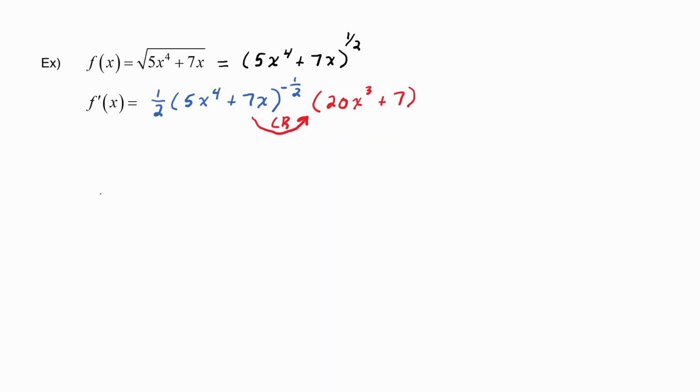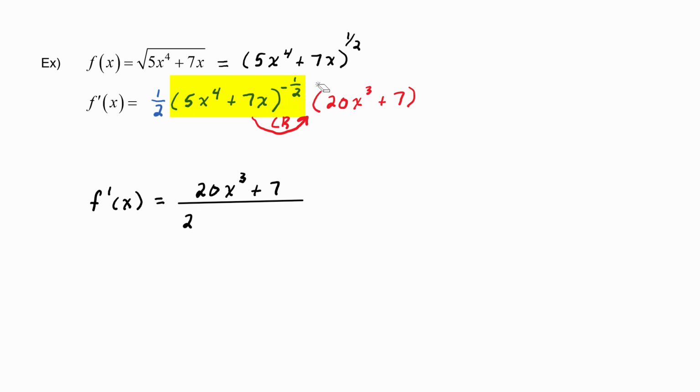So then now we know that f prime of x is equal to, in the numerator, we are going to have 20x cubed plus 7. And in the denominator, we will have this 2.